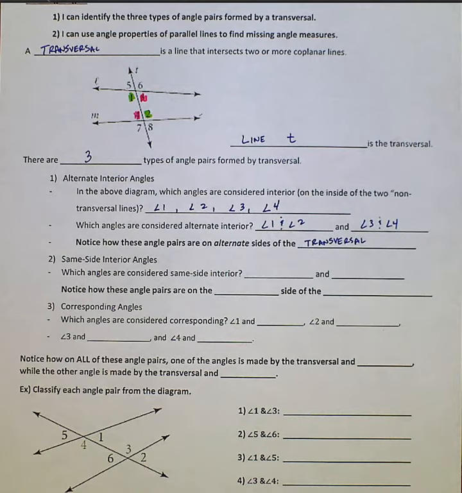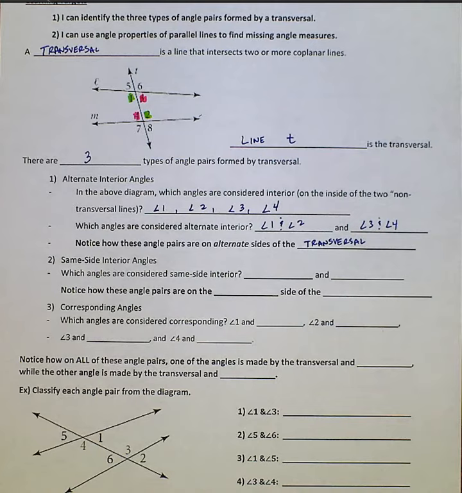Same side interior angles. Which angles are considered same side interior? We've already talked about where the interior angles are. Same side interior angles are just going to be angles that are on the same side.